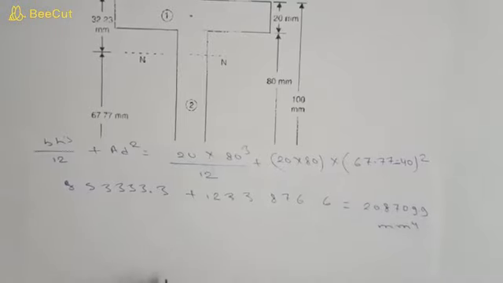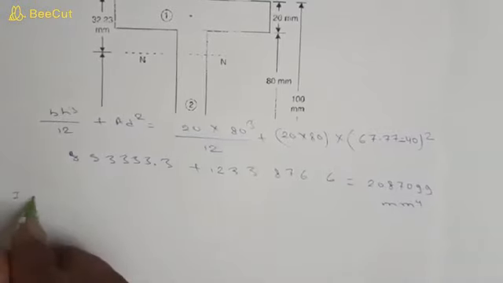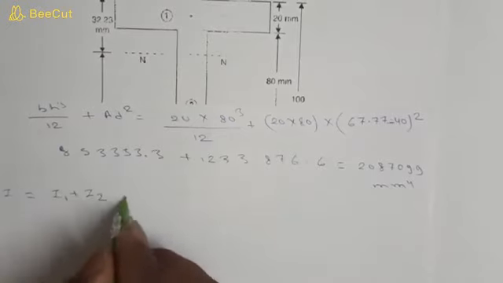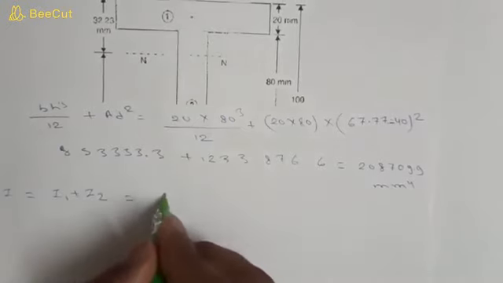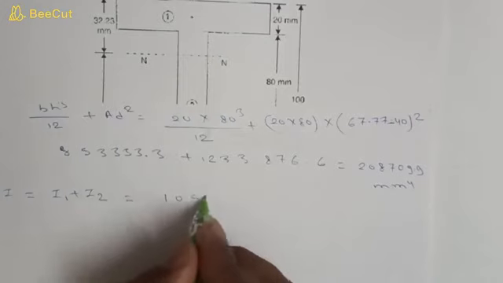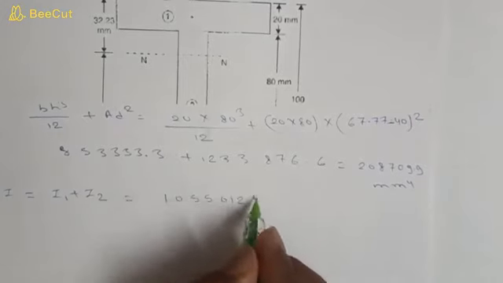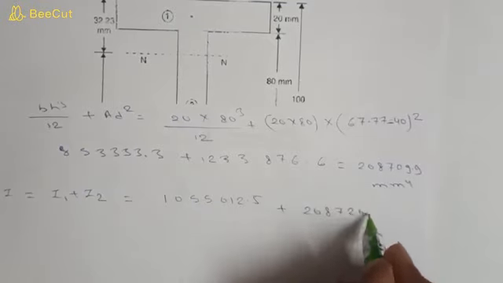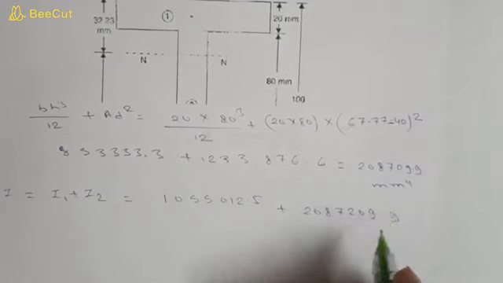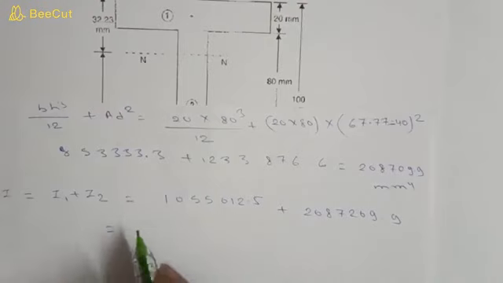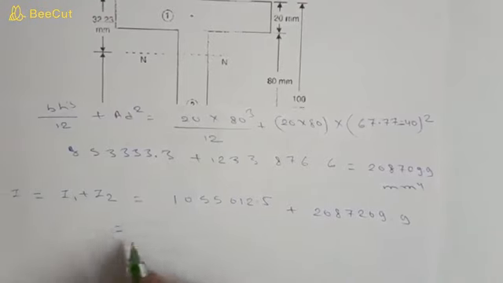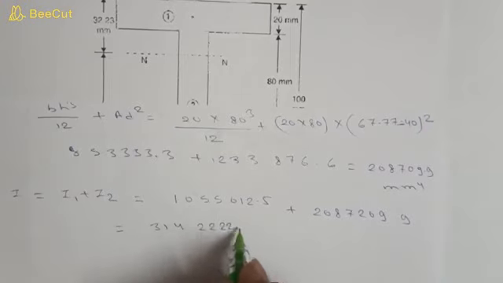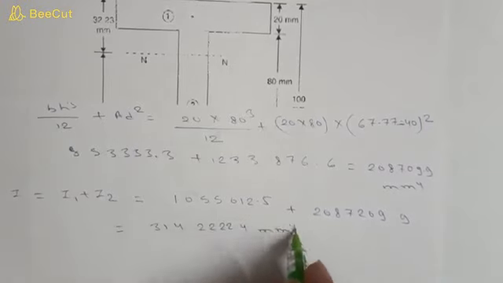So to get the moment of inertia of the whole section, we will add I is equal to I1 plus I2. I1 we already had, 1055012.5 plus 2087209.9, which is equal to 3142222.4 mm to the power 4.